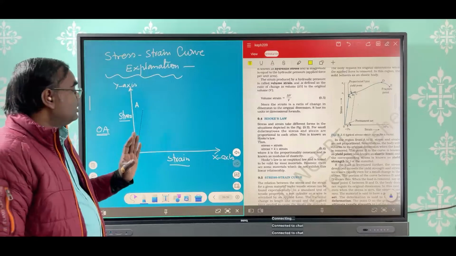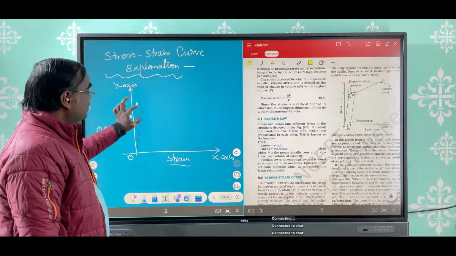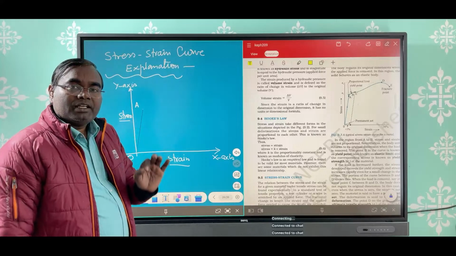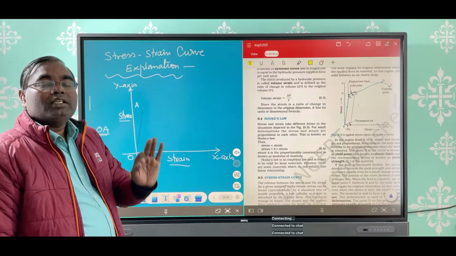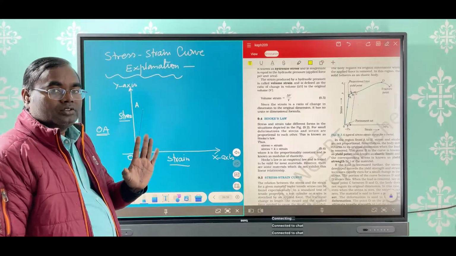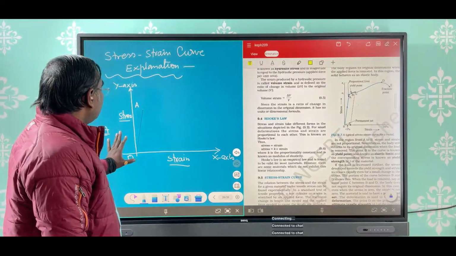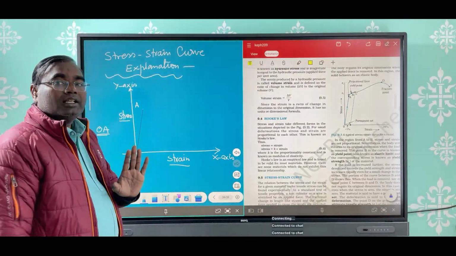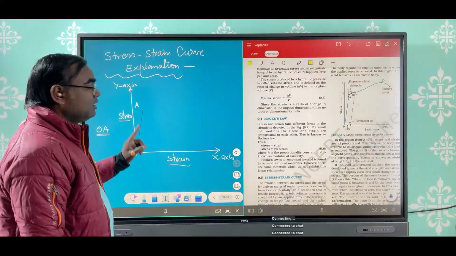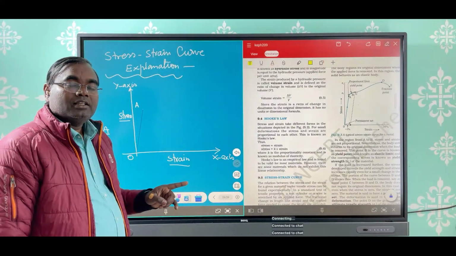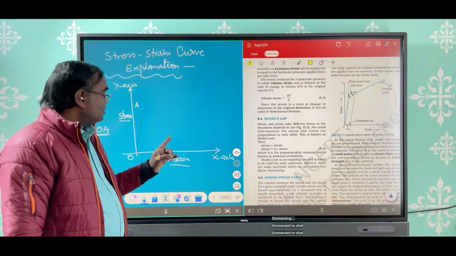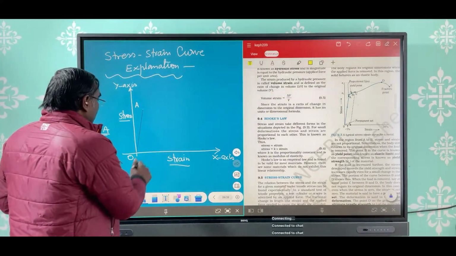From O to A, the metal exhibits elastic properties. Up to A, after applying stress, it shows the strain up to this point.